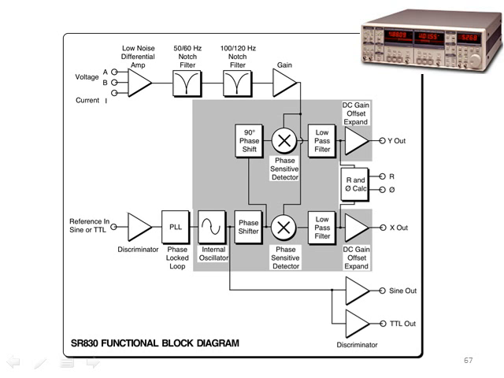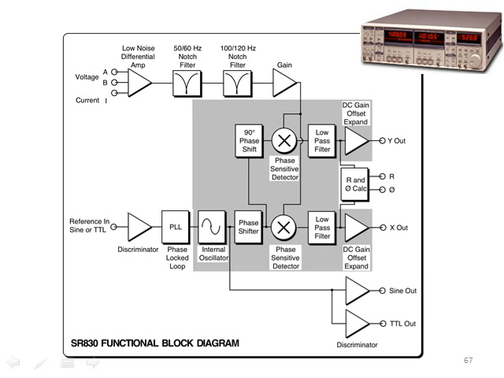This is a diagram showing the basic configuration of a digital lock-in amplifier. This is a lock-in amplifier that I have in my laboratory, and we have a low noise differential amplifier at the input, which is on the top left-hand corner.